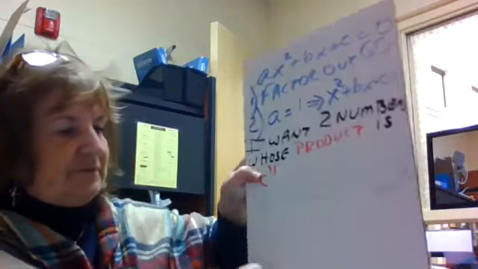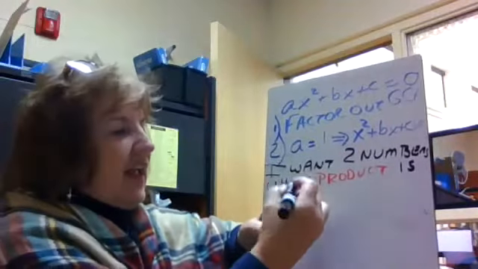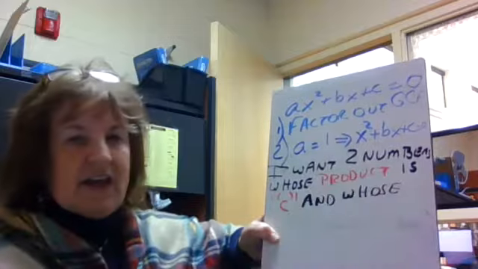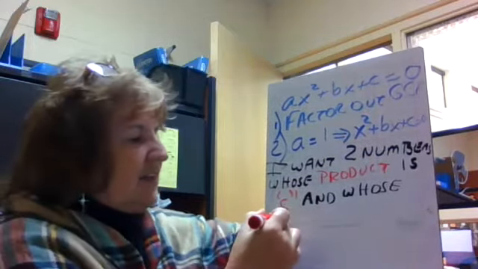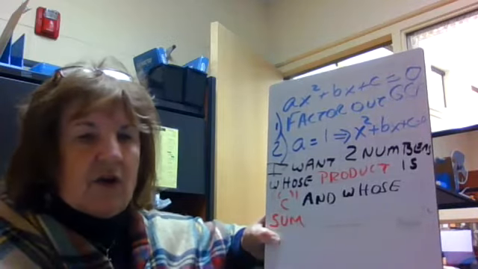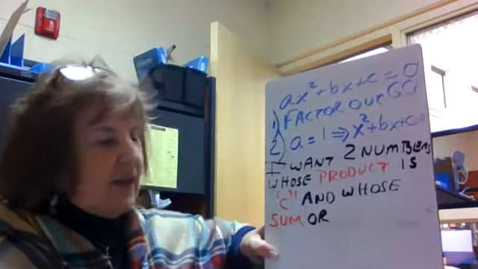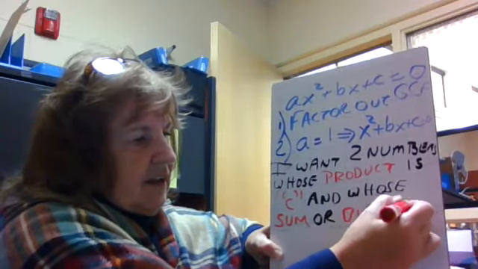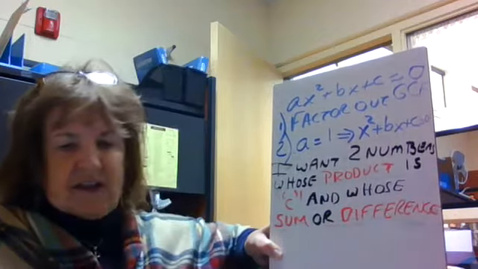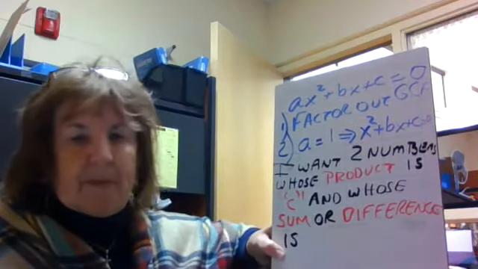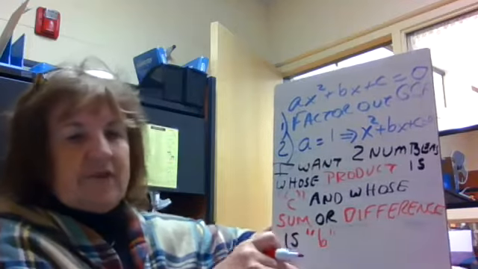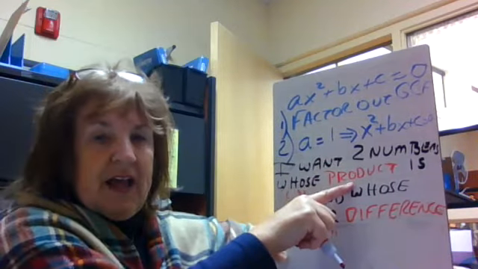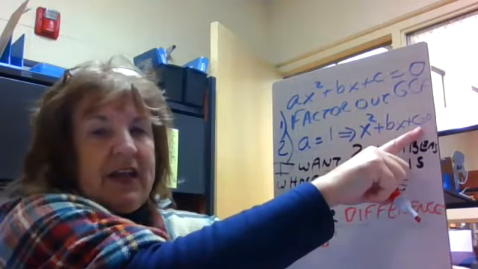And then, and whose sum or difference is B. So looking at the beginning, the two numbers that I pick have to multiply, that's what product is, to give me this number right here.